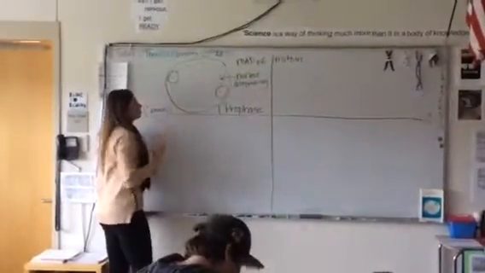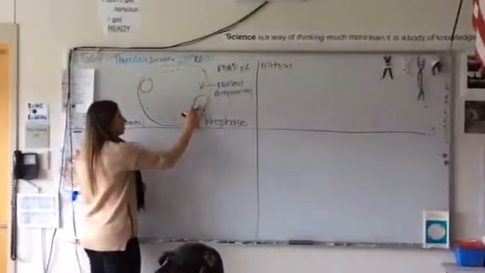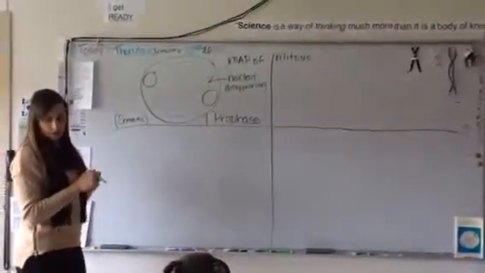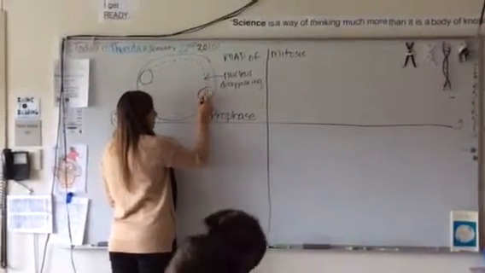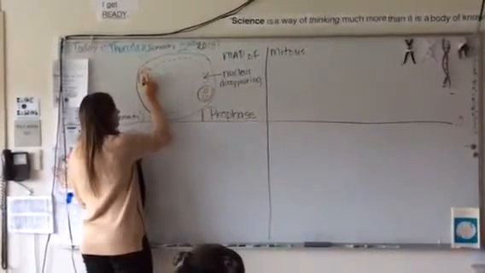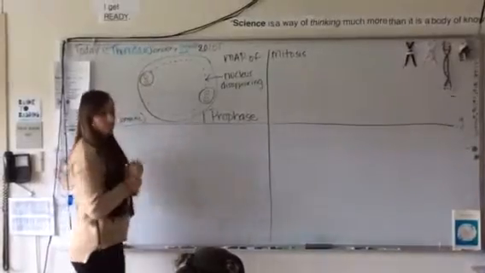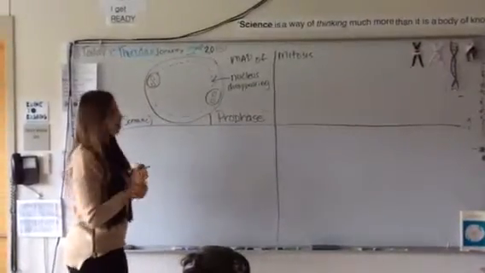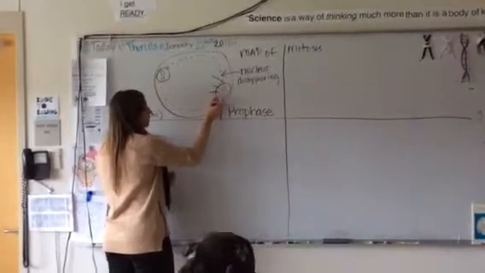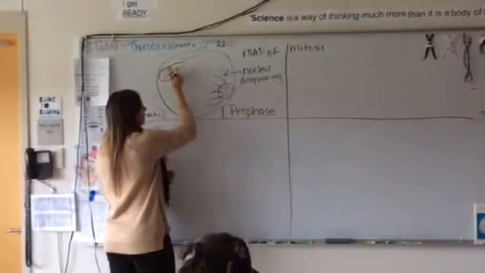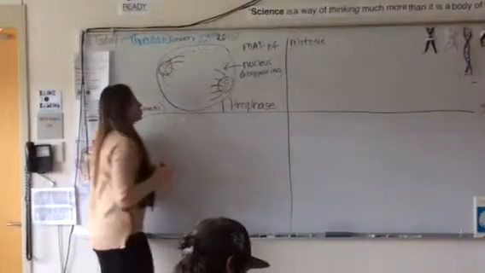I'm going to draw two circles on opposite sides of my page, inside my cell, and I'm going to draw little squares in them. And I'm going to draw some of these fibers coming out of them. Does anybody want to take a stab at what any of these things are called?